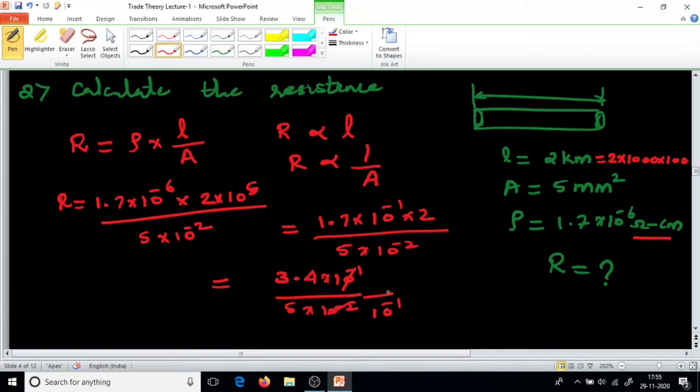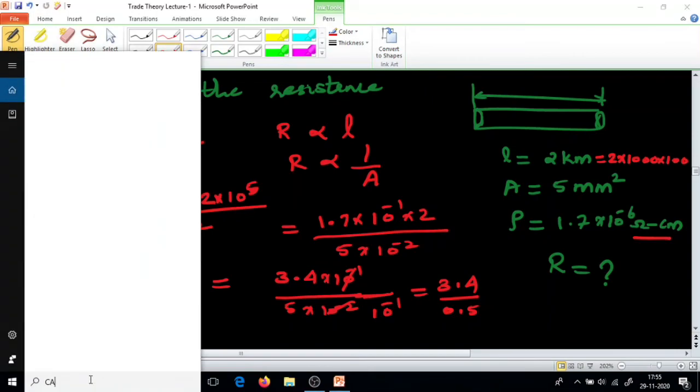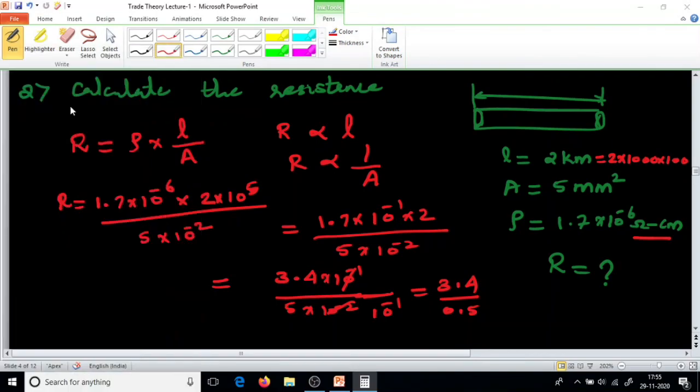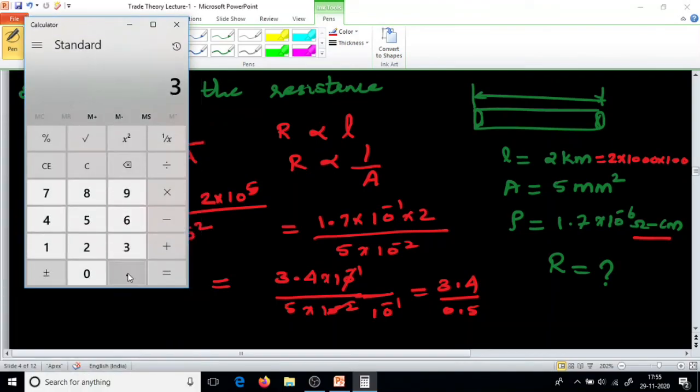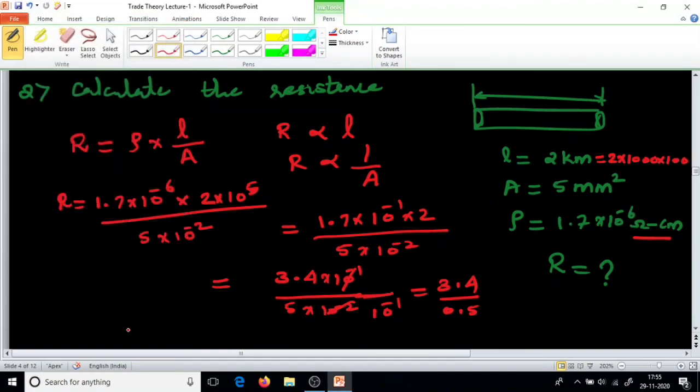That is 3.4 divided by 0.5. If we divide, we get 6.8 ohms. So the answer is 6.8 ohms. This is how you will calculate the resistance of a conductor.